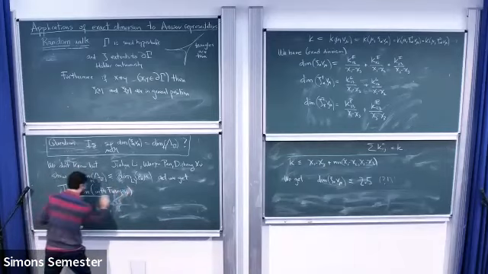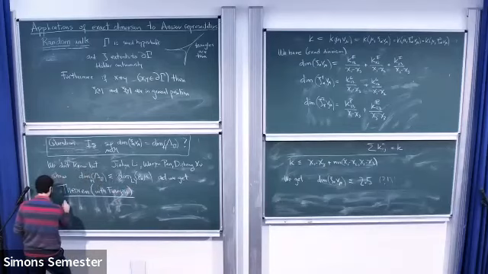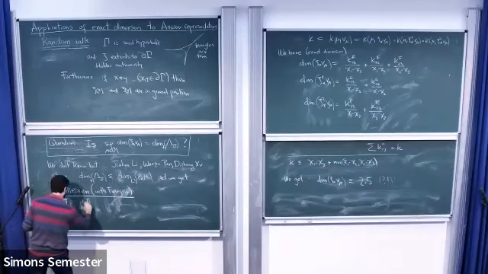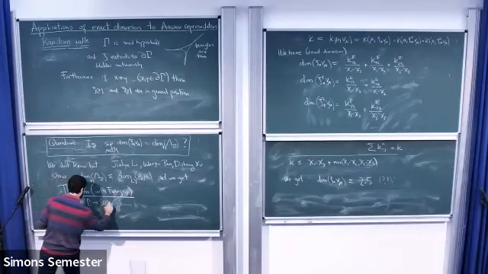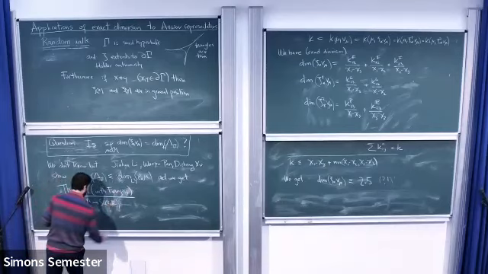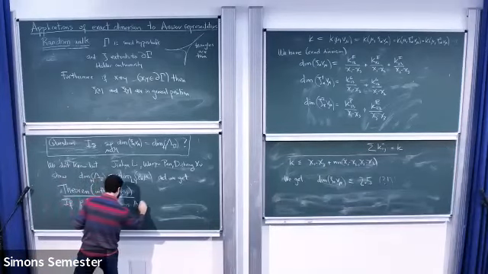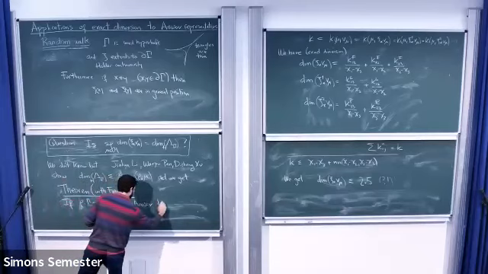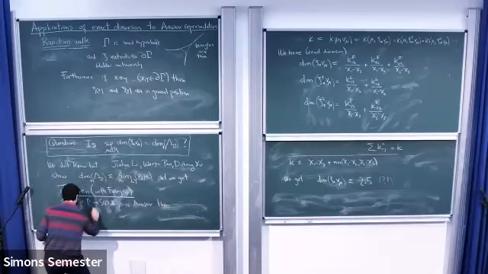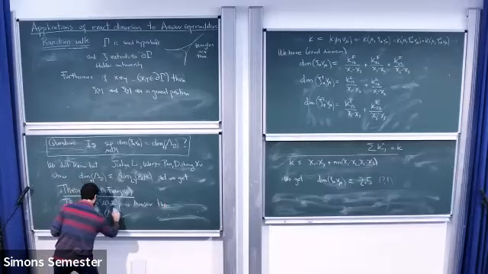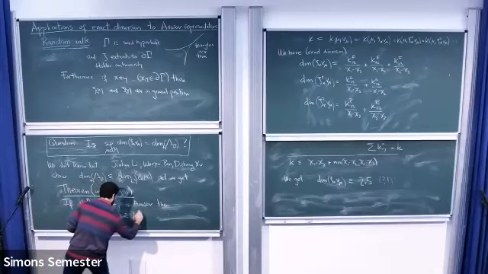So the theorem says that for all rho from gamma to SL3, you can do it for SL4, 5, etc., the Hausdorff dimension of the limit set is at most 2.5.